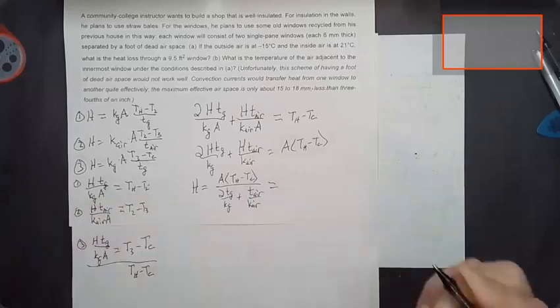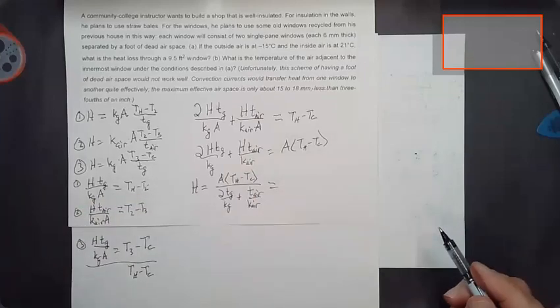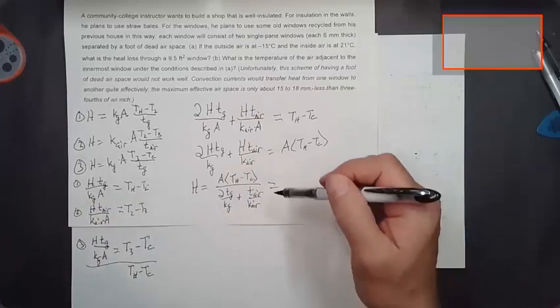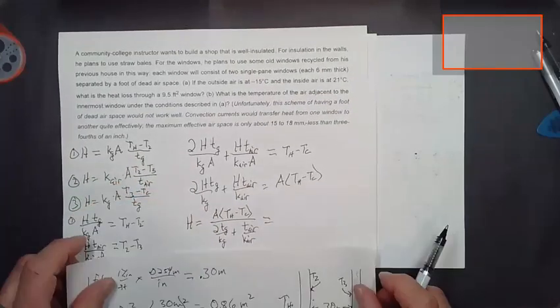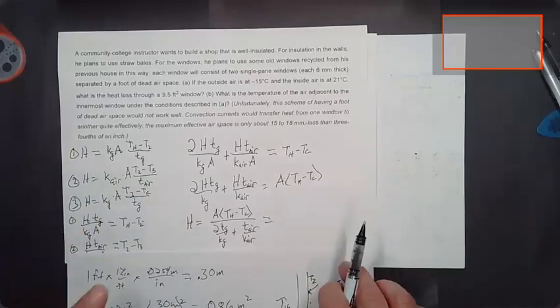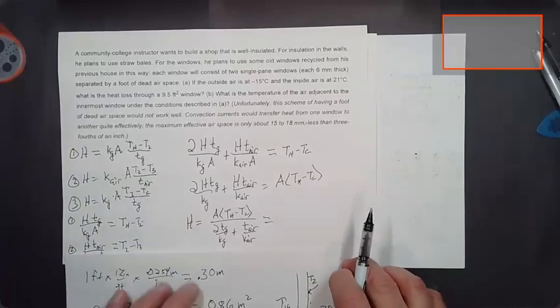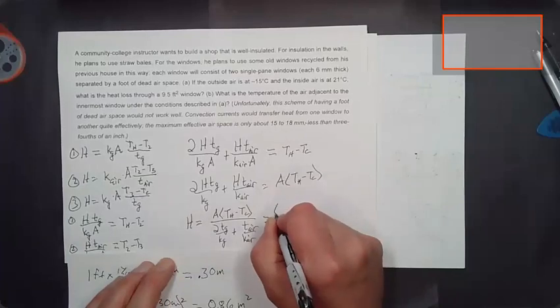Okay, and now I can set up something that just has the numbers in it. And when I do that, let's see, the area of the window here, I figured out somewhere, was 0.86 meters squared.